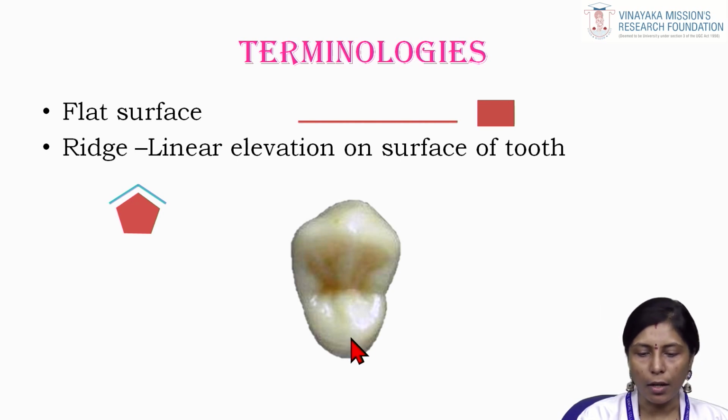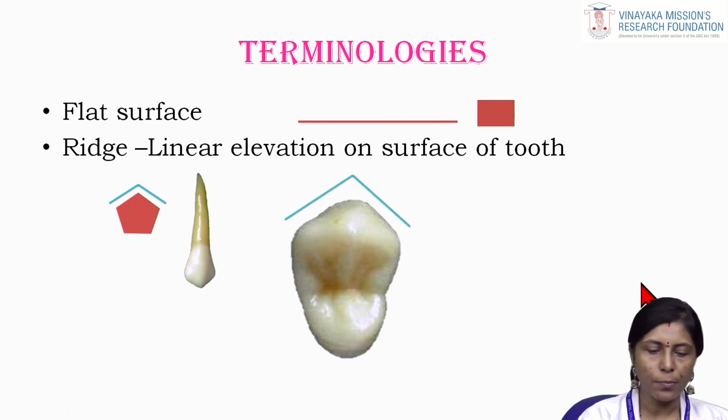So here this is the occlusal aspect of a tooth. Here you see an elevation. This elevation in the buccal aspect, you see it as a ridge. So this is the ridge, a linear elevation on the surface of the tooth.